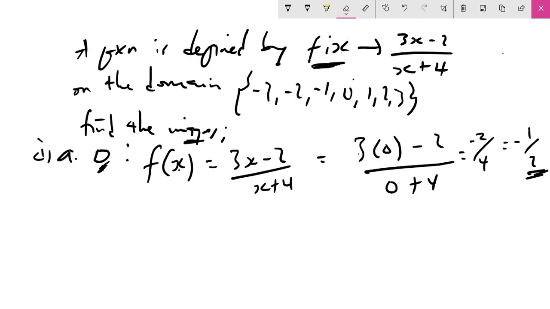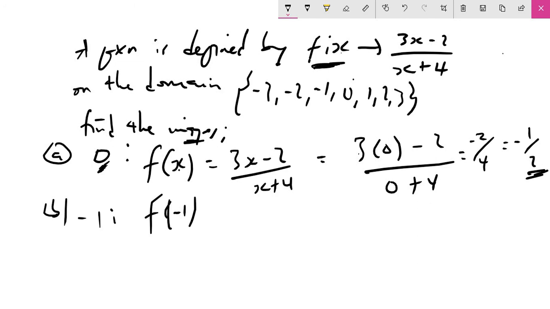Okay. So that was A. Sorry, it's part of the question. So this is A. Now B. It says minus 1. So you basically do the same thing. f of minus 1.